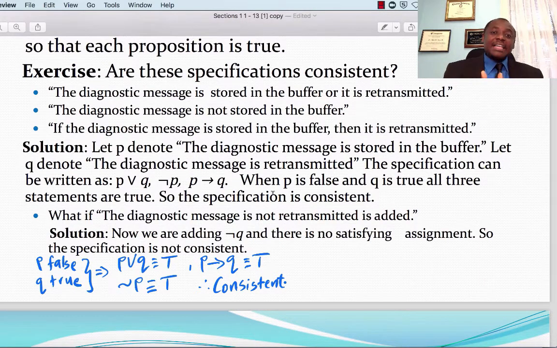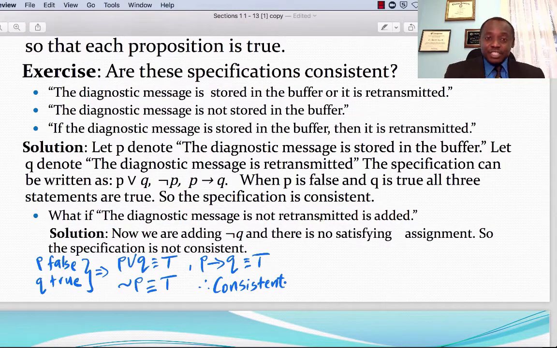Now, if I add a fourth proposition that says the diagnostic message is not retransmitted, then I'll realize that there is no way I can come up with a combination of either P being false, Q being true, or Q being false, P being true, such that all four propositions are true. Therefore, if a fourth message, the diagnostic message is not retransmitted, is added, then the system specification is not consistent.